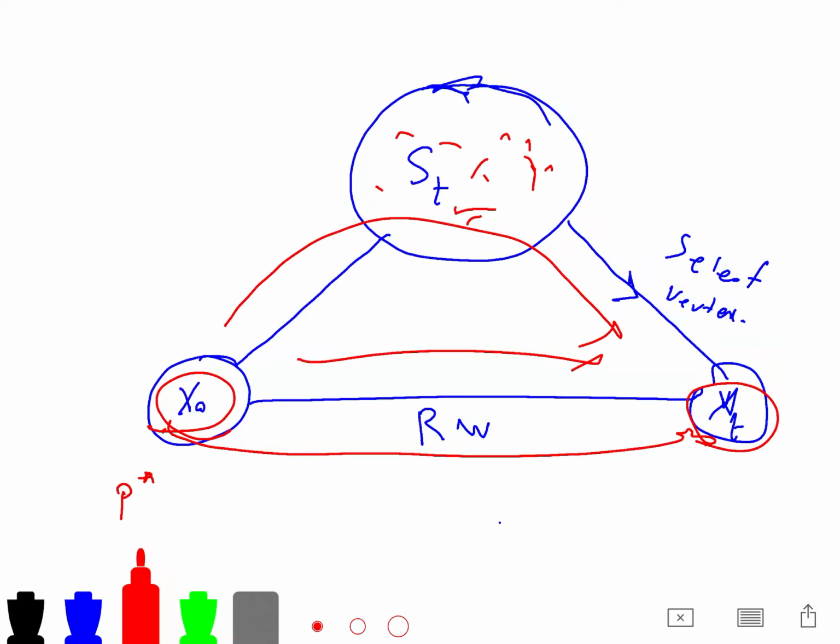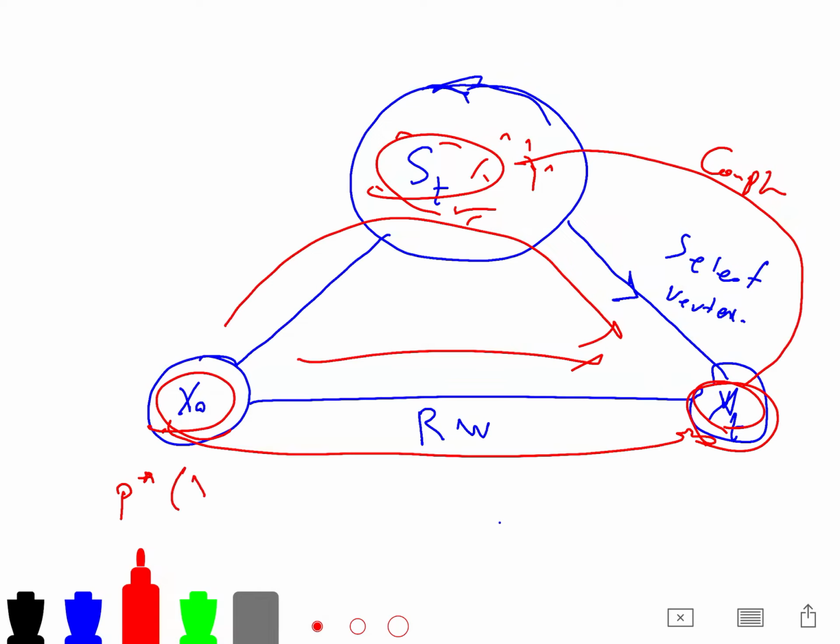And of course, there is a probability measure for coupling S_t and X_t. The probability of X_t equal to y conditioned on S_1 through S_t is 1 of y in S_t, d of y, over the volume of S_t.